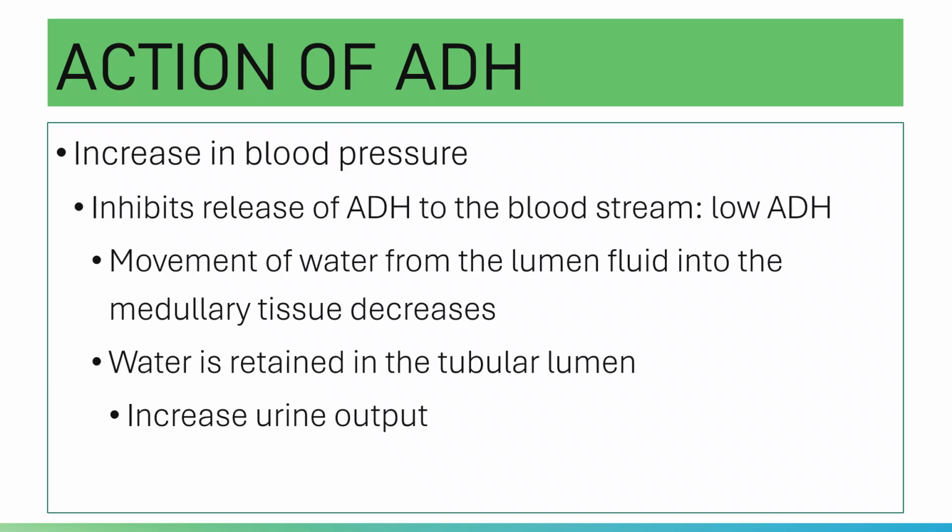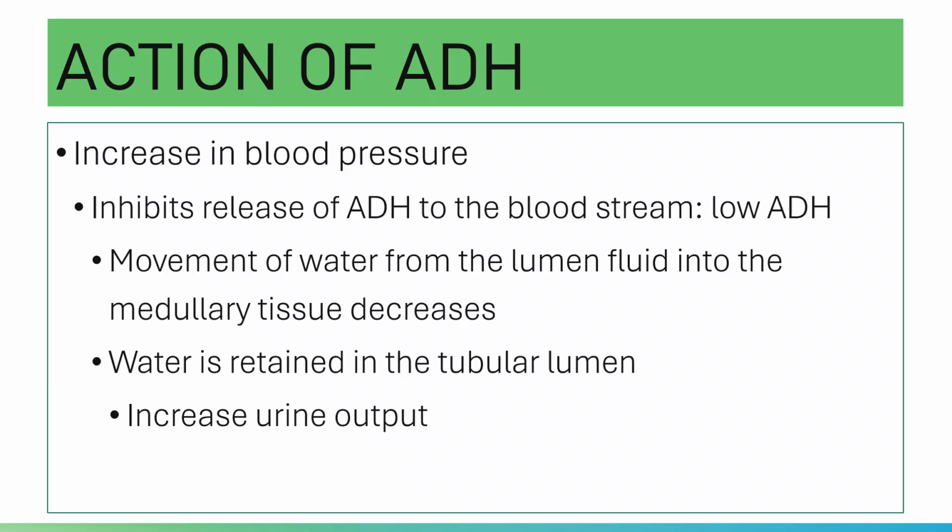Thereby, there is an increase in water reabsorption in the collecting duct, as a result of high medullary osmolarity, producing a concentrated urine. In this case, there is a low urine output. That is the action of ADH.